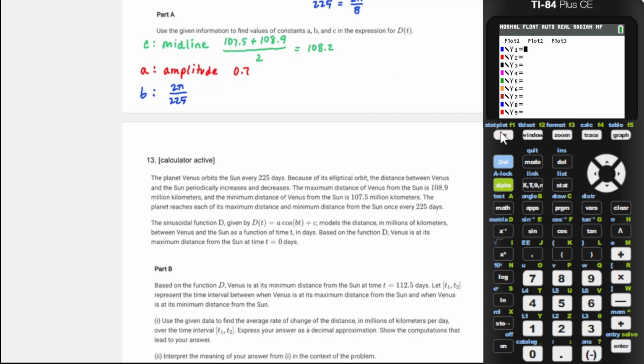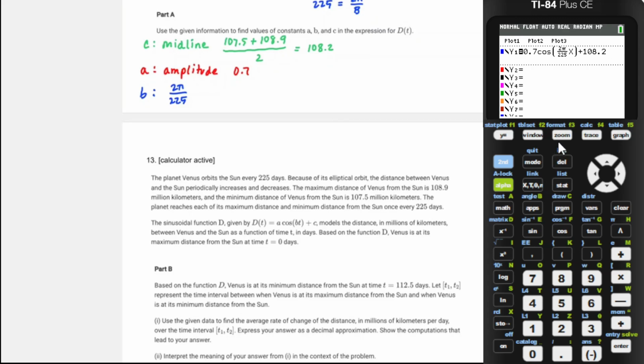So let's do that. A is 0.7 cosine of b is, let me call for a fraction bar, 2 pi divided by 225 t, we'll just call that x, and then add d, which was 108.2.